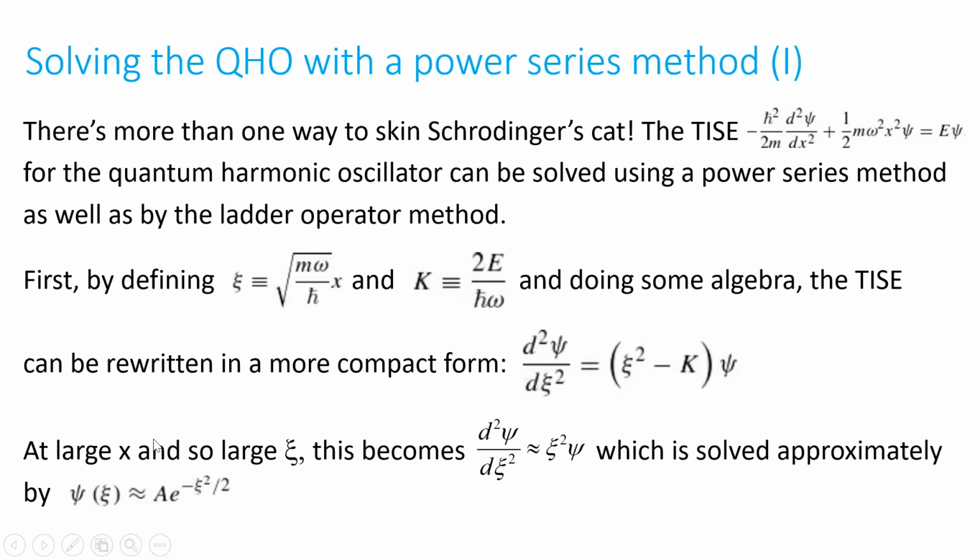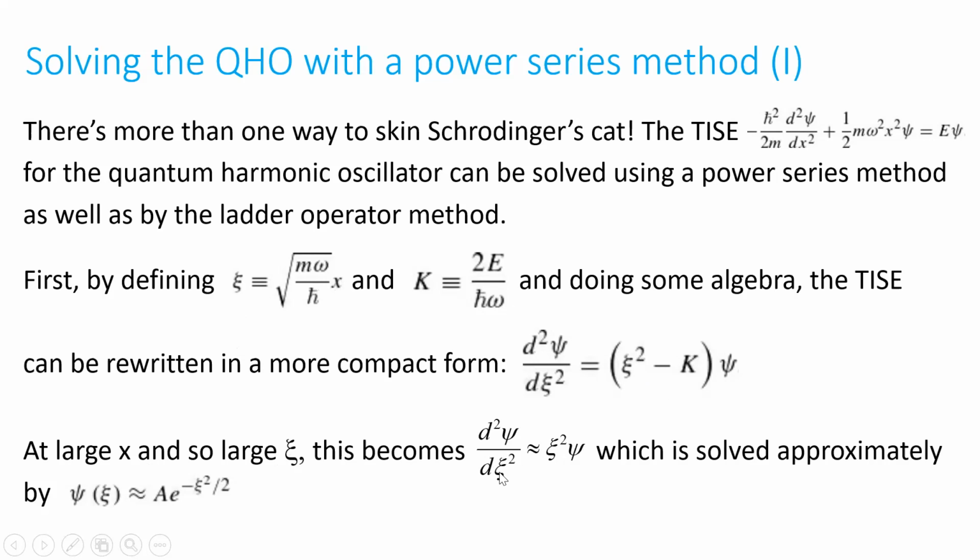So at large x, this variable c, this Greek letter c, must be large since they're proportional. So at large c, this c squared is going to be very large compared to k, because k is just a finite energy, where c is a scaled position, which can get extremely large. So at large c, this minus k drops out.